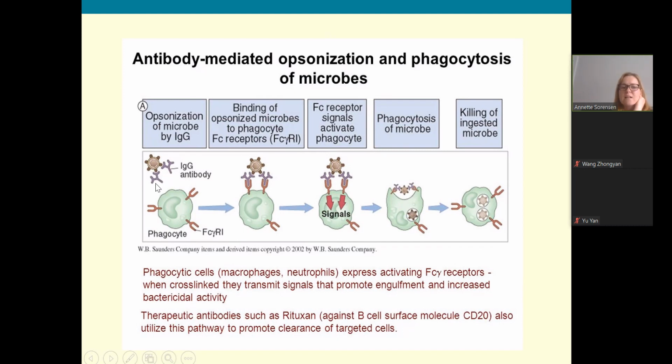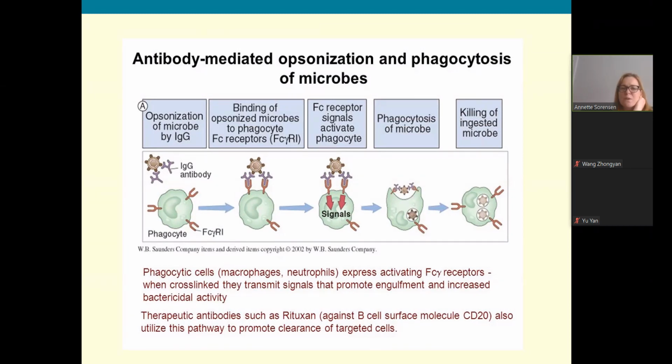However, that common region down here on the antibody is recognized by receptors on phagocytic cells. The macrophages and some of the neutrophils are expressing Fc receptors, which can bind to that constant region. So they bind to that constant region, which leads to activation, and we get phagocytosis of the microbe.